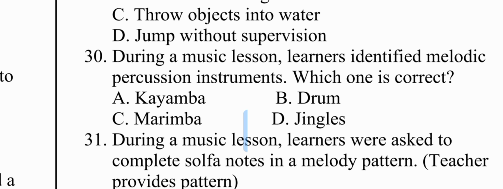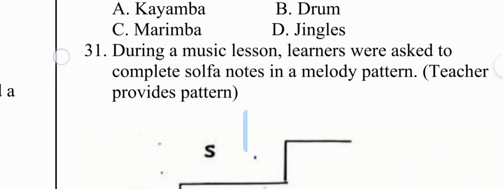And I have been telling my learners, always by reinforcing, do not confuse kayamba, which is shaken, with marimba. Marimba is hit. It is just made of different wood, where we hit, producing different sounds. Yes, marimba. So the correct answer for number 30 is C, marimba.